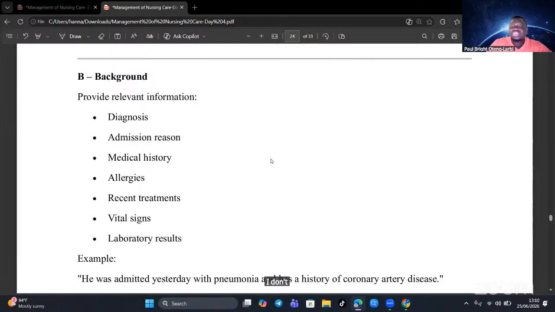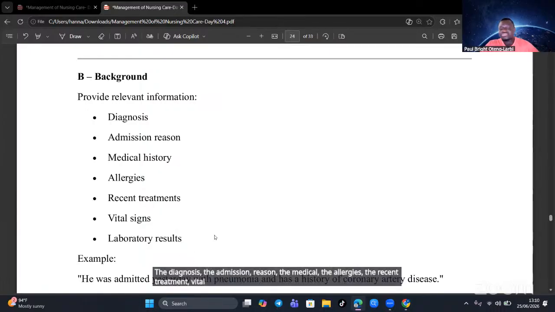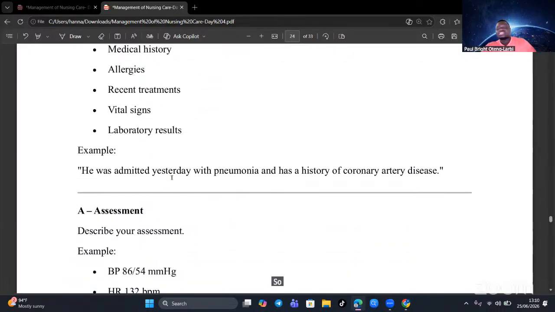I don't need tribe in medical reports or a handover. So the background includes the diagnosis, the admission reason, the allergies, the recent treatment, vital signs, laboratory results. "He was admitted yesterday with pneumonia and has a history of coronary artery disease." I've given you a short background.